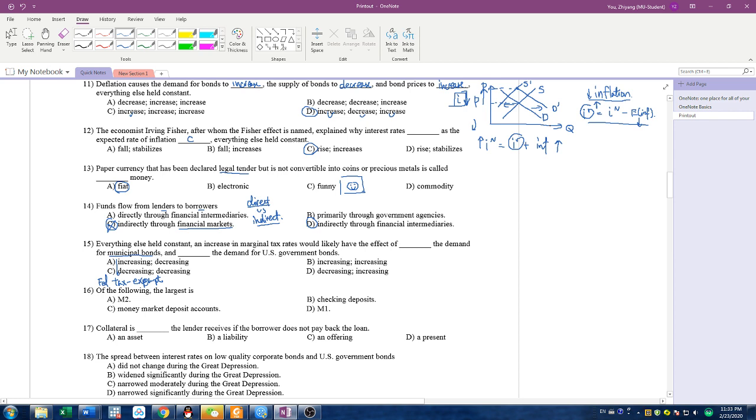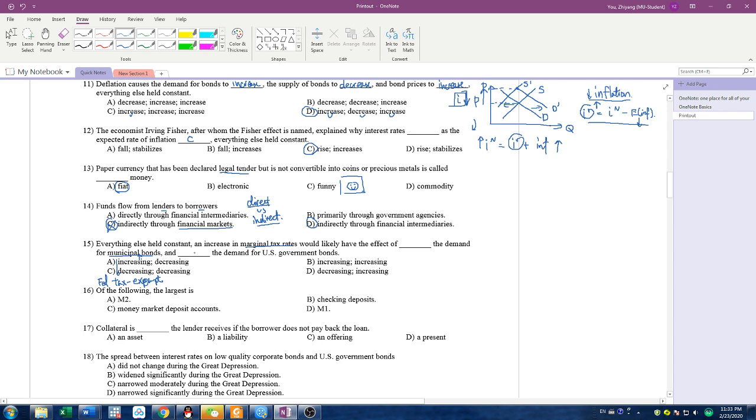All right. So when we have higher marginal tax rates, that means whatever profit or interest you're making with your investment, you would pay higher tax. So with that said, it is obvious that if something is tax-free, it will be more preferable to buy this type of bond when the tax rate is going up, right?